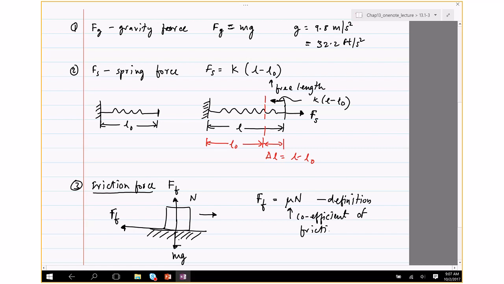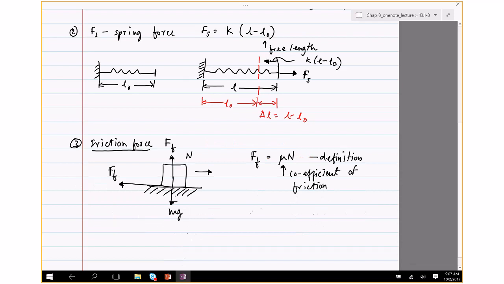Now in this case, what we do is we do force equilibrium in the y direction and the x direction. So if you do the force equilibrium, then N equals mg, because net force in the y direction is 0, right? Or you can say N minus mg equals 0.